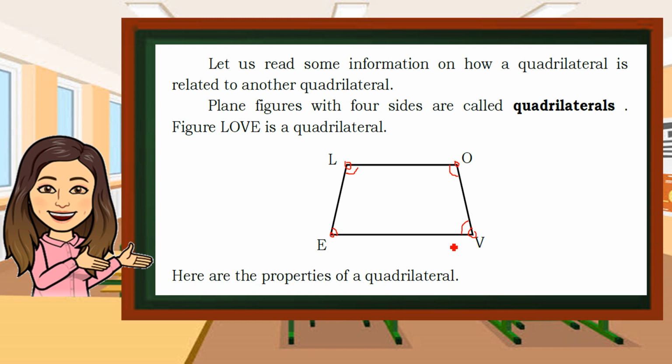And it has 2 pairs of opposite sides. Opposite sides LO and EV, that's 1 pair. And the opposite sides LE and OV, another pair. That's why it has 2 pairs of opposite sides.